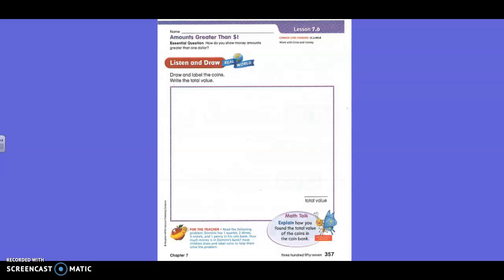Okay, here it is. Dominic has 1 quarter. Draw it. You need to tell what it's worth in the middle of it. Quarter's not worth 1. Penny is worth 1. What the quarter is worth has to be in the middle of the quarter.